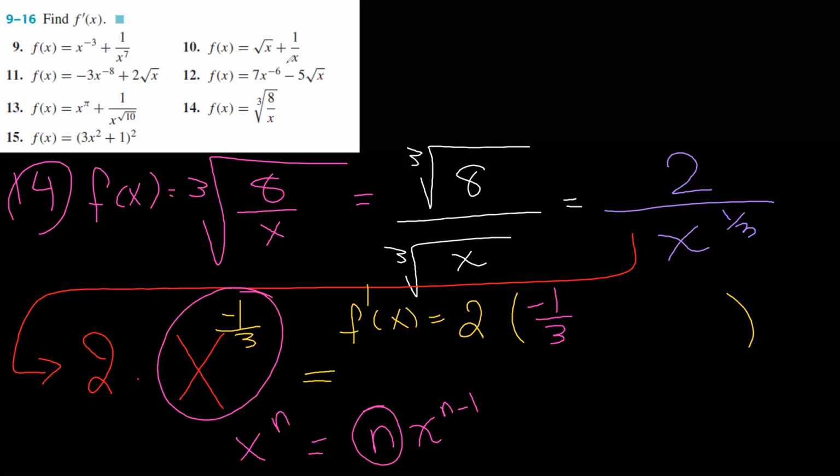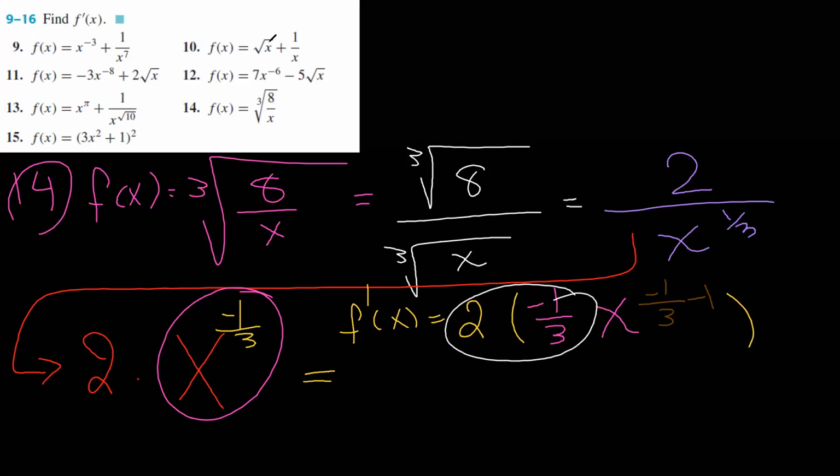So negative 1 over 3, x raised to the negative 1 over 3 minus 1. Then two times negative 1 over 3 is what? Negative 2 over 3. X raised to negative 1 over 3 minus 1.